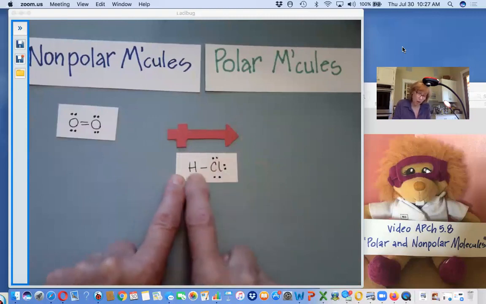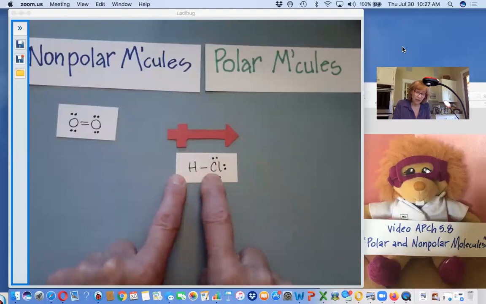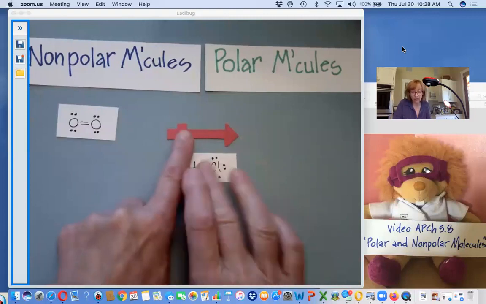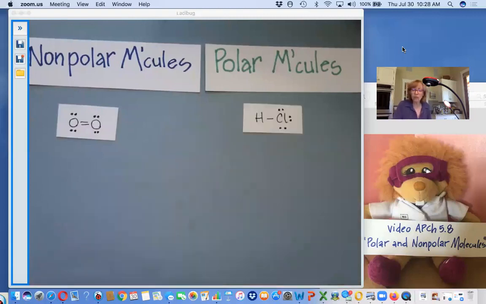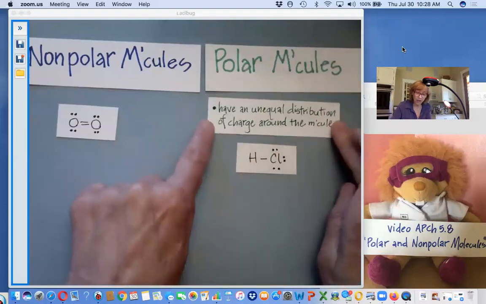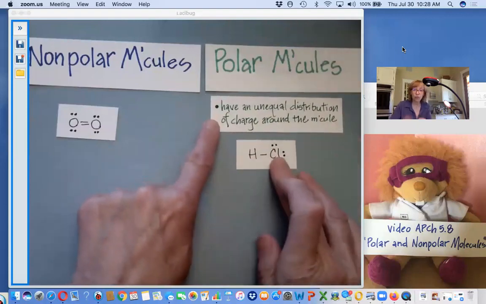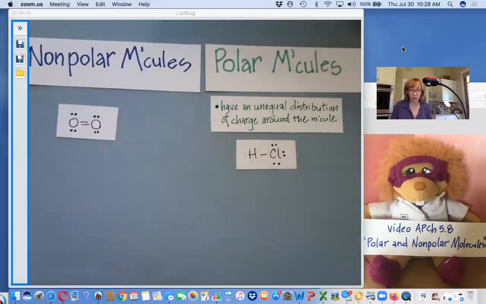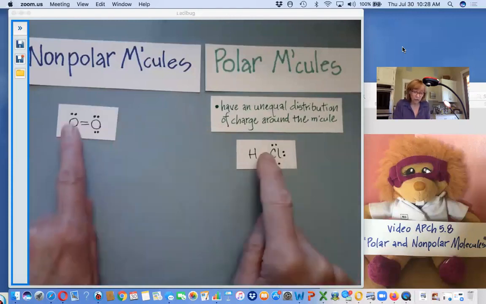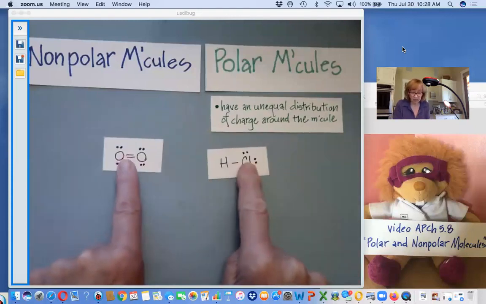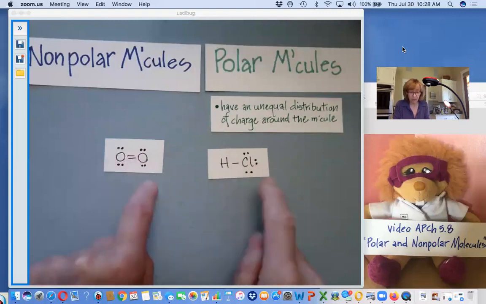So this bond is a polar bond, and this molecule is a polar molecule. We're going to be looking for polar molecules as those which have an unequal distribution of charge around the molecule as a whole.